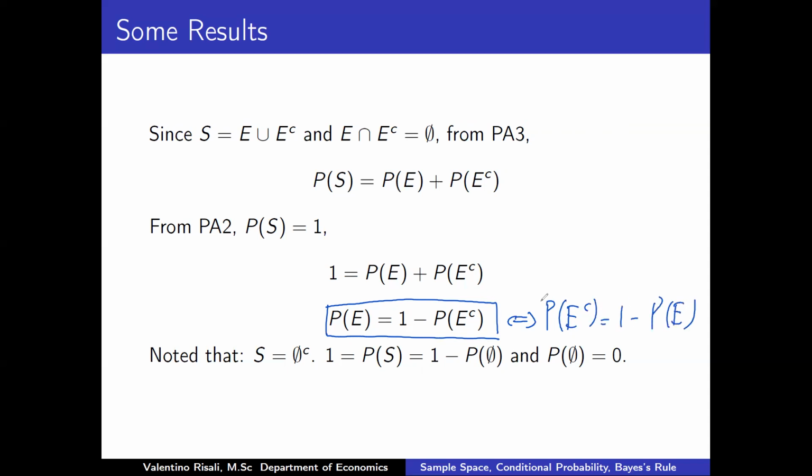They are equivalent. From this formula we can find the value of PE by using the value of PE complement. And from this property, we can get that the probability of the empty event is equal to 0.